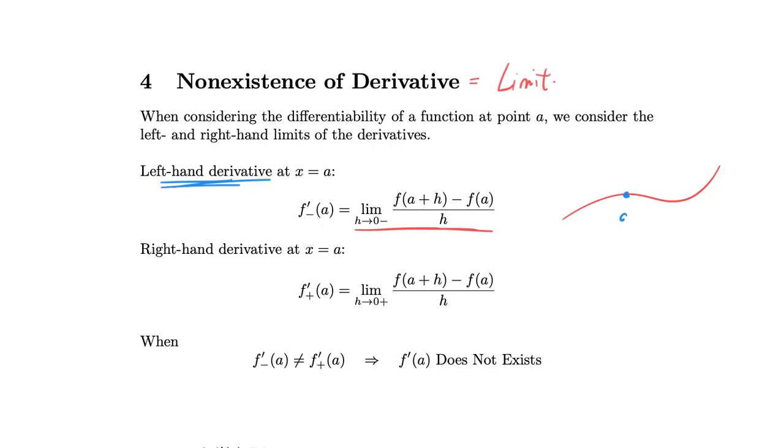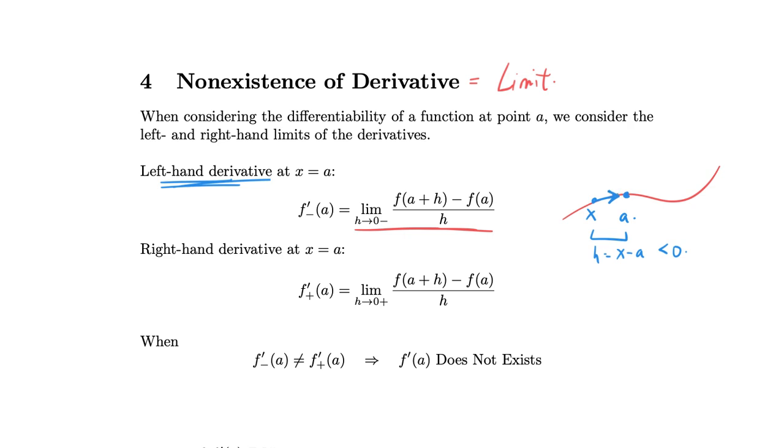So let's say we have x equals a. So when x approaches a from the left side, we have that h approaches 0 from the negative side, because their difference, this h, which is equal to x minus a, would be less than 0. So this x approaches from the left side, and that's why we call it the left-hand derivative.